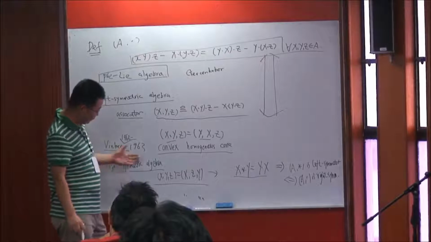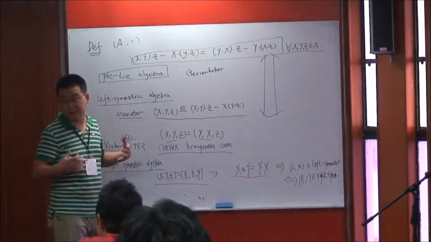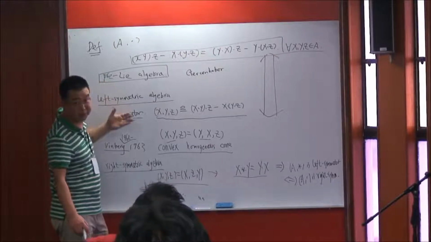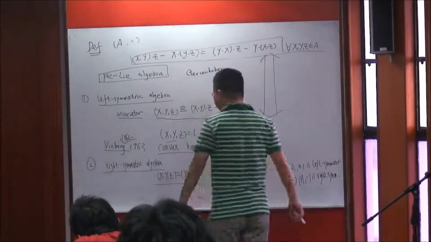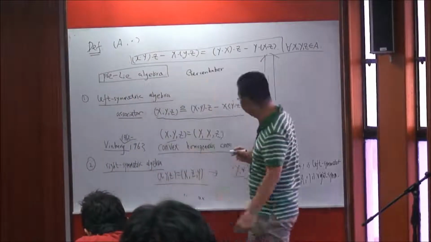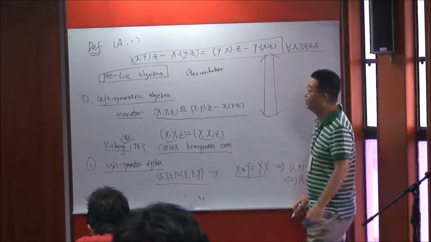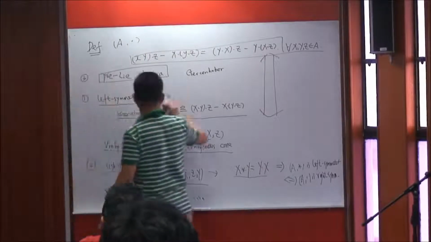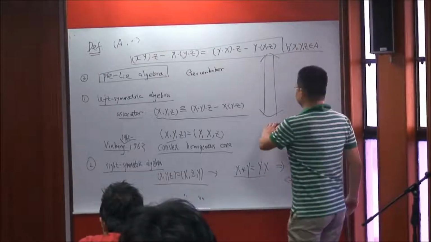So in many references, we also use the right-symmetric to denote pre-Lie, but in order to treat them in a uniform way, we use the left-symmetric to denote pre-Lie. Why is it also called pre-Lie? Later I will give more details to explain. It's closely related to the Lie algebra. Now we just give the name pre-Lie, from the discovery in the deformation theory of certain algebras.